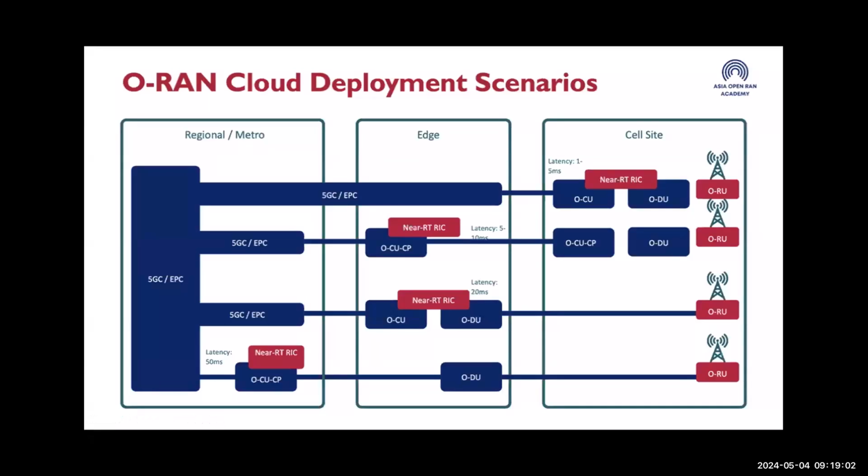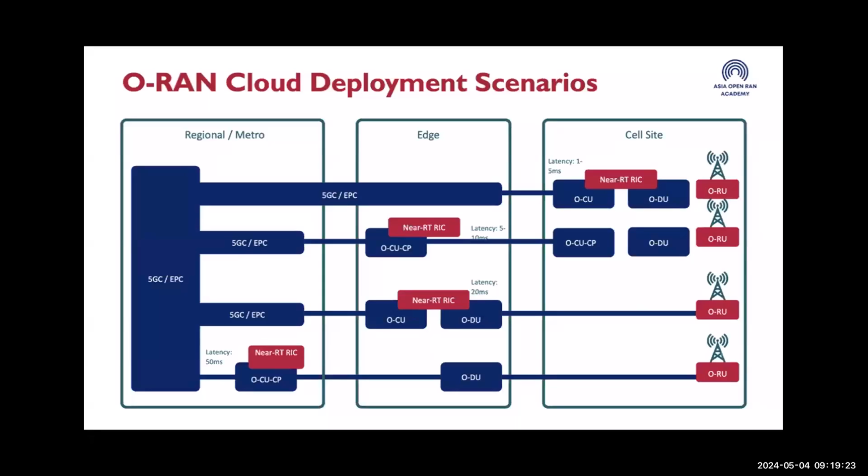Okay, so that's the different deployment scenarios for Open RAN. Each operator that would like to deploy it plans it at a more detailed level, because it depends on the requirement of that certain area.